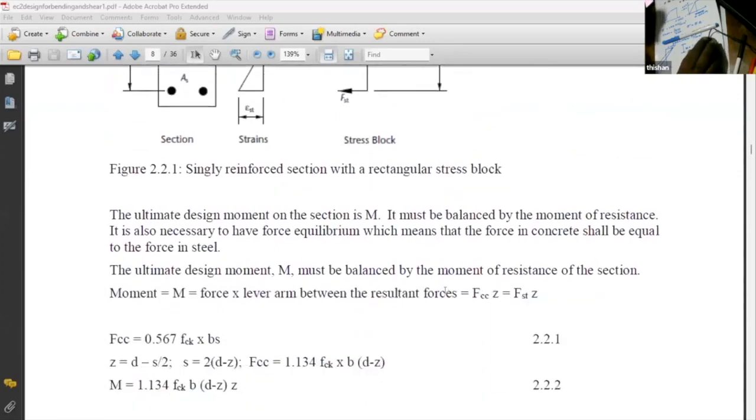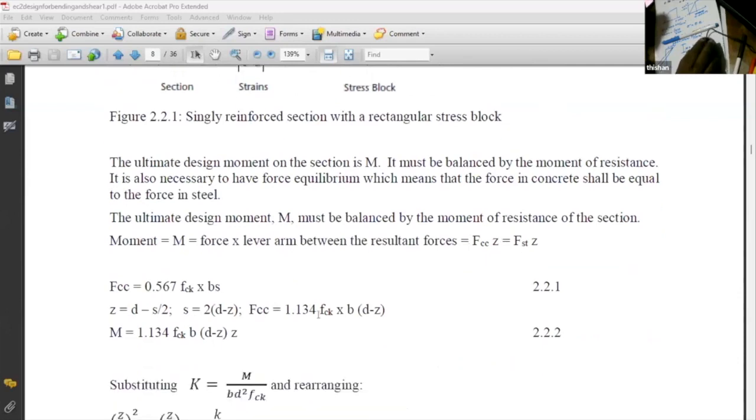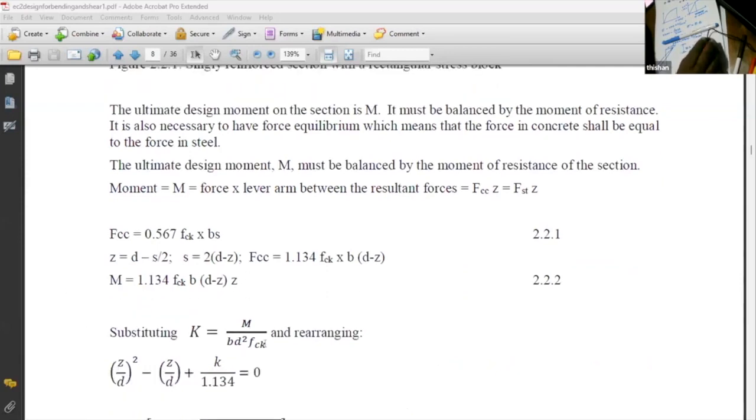Force in concrete is equal to force in steel. Then the moment is equal to force in concrete or force in steel multiplied by Z. Force in concrete is this one, and Z is equal to d minus s over 2. Once you substitute, you get this particular equation, and this is the second order equation that we use to solve.